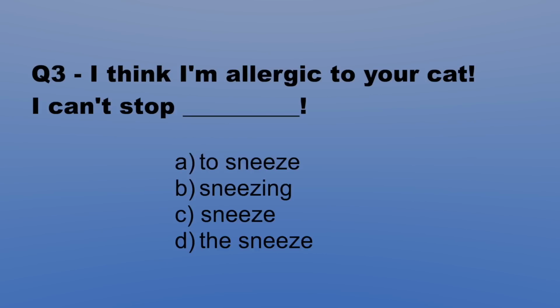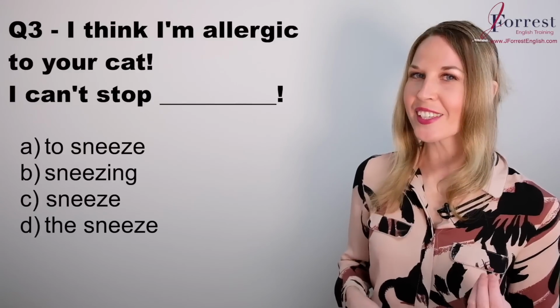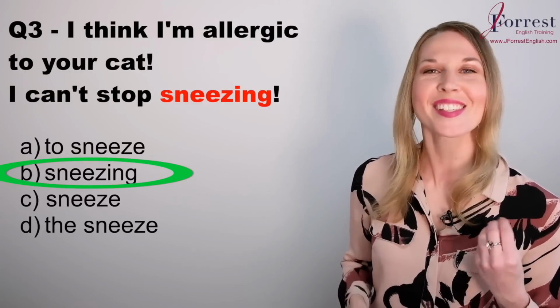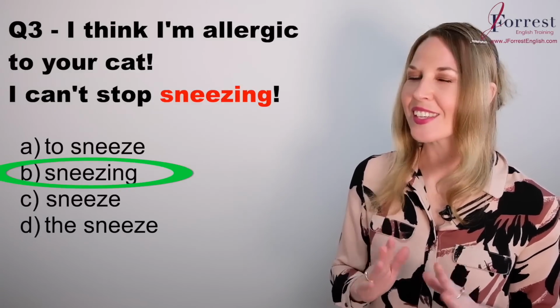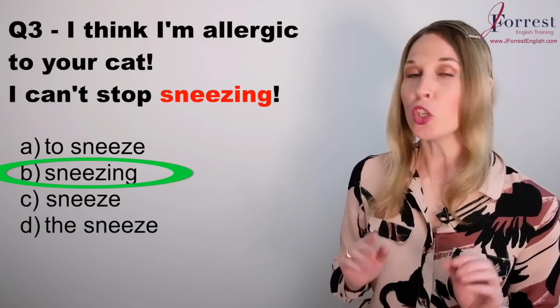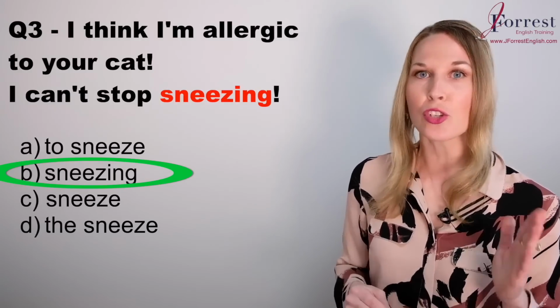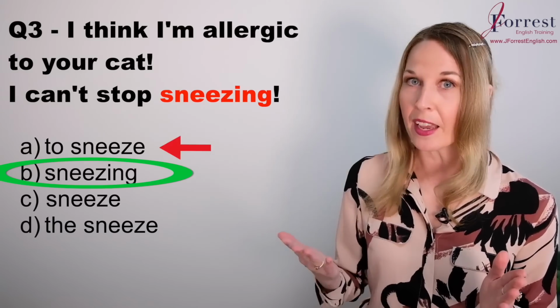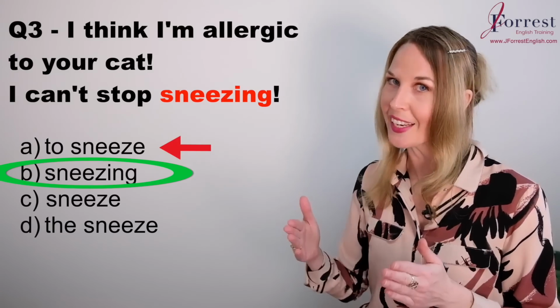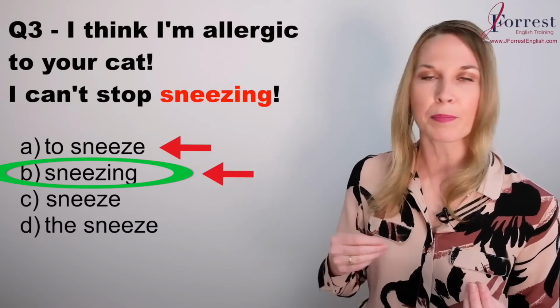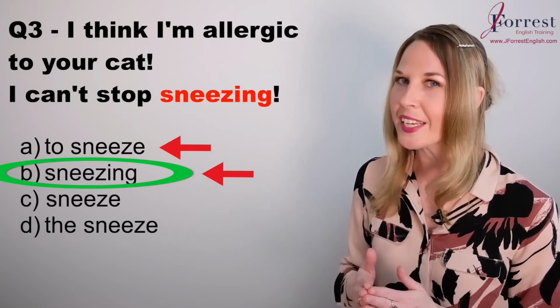Question 3. I think I'm allergic to your cat. I can't stop. The correct answer is B, sneezing. Now this is a tricky one because you can have grammatically stop plus infinitive, stop to sneeze, and you can have stop plus gerund, stop sneezing.